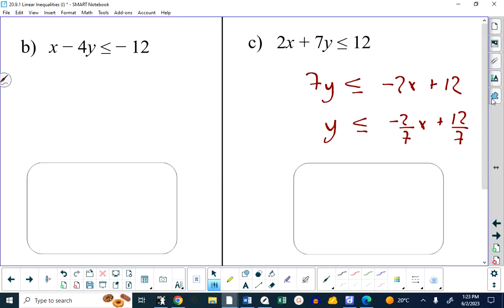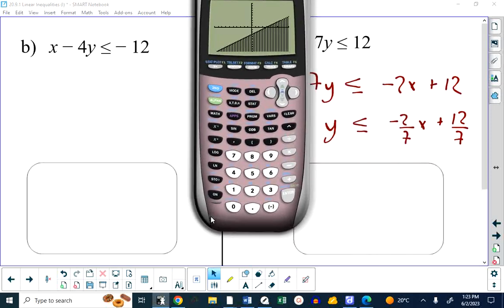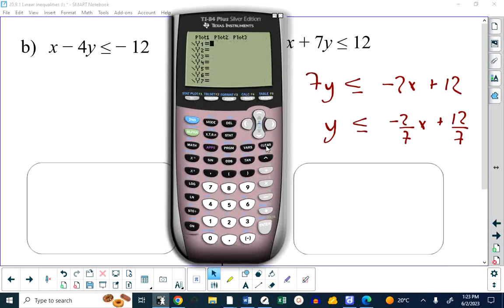We don't need that. You just enter it in your calculator and shade below. Looks okay. We'll do B as well. It'll only take a second. That's what it would look like.